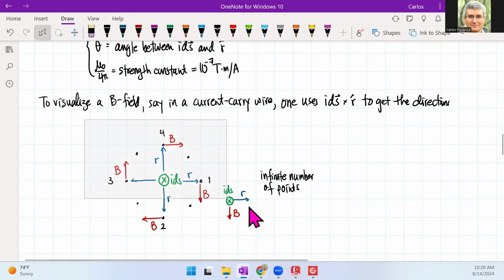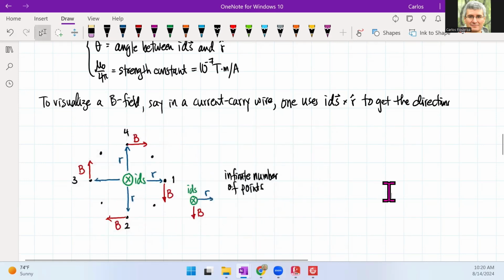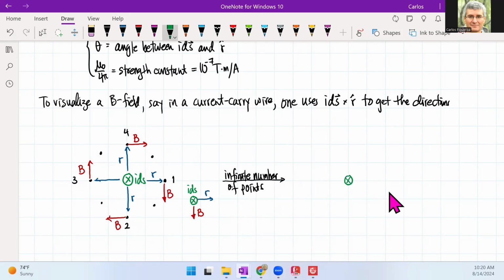Now, to make this a little bit more symmetric, let me move this over right here because I'm going to need more space. So if I have a wire right here, and I start looking at the circling here, you can see that I'm picking symmetric points. Then I'm going to get a circle that goes like this. It's not a well-drawn circle, but it's a circle nonetheless.